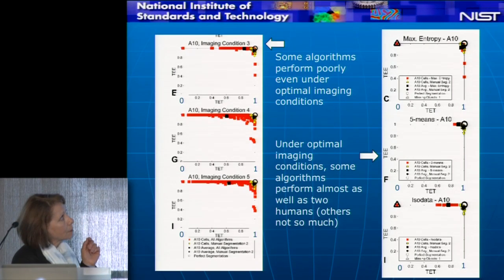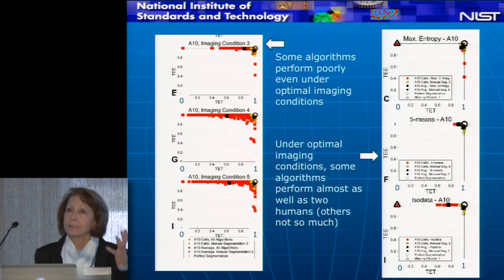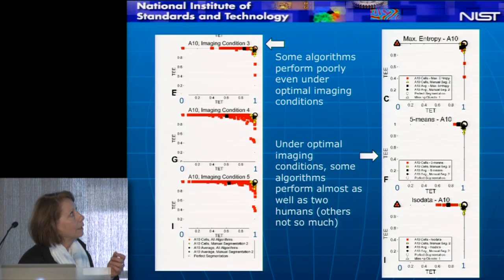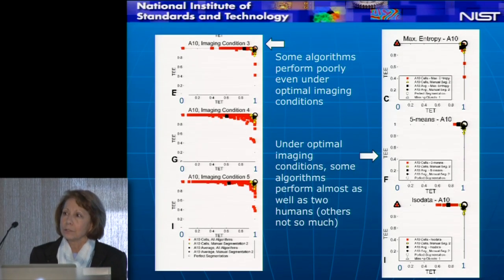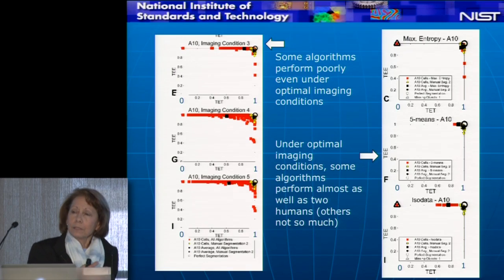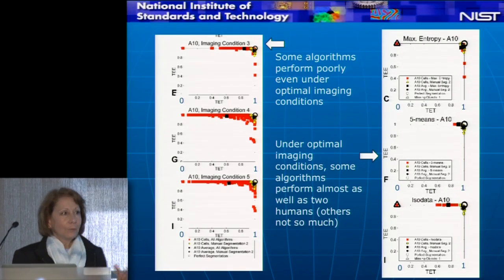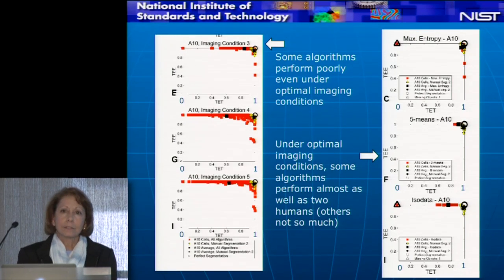Even those algorithms that did a pretty good job still often missed finding cells that they should have been able to segment, even under the best of imaging conditions. And so this is a method that one perhaps could apply in order to make sure that you are happy with the image analysis software that you're using, and that it's going to give you what you think are the meaningful results that you're looking for.